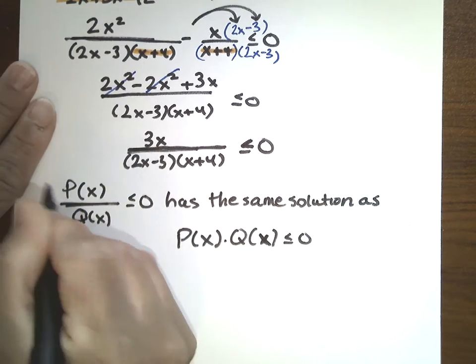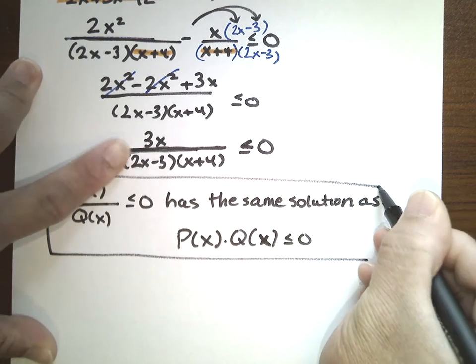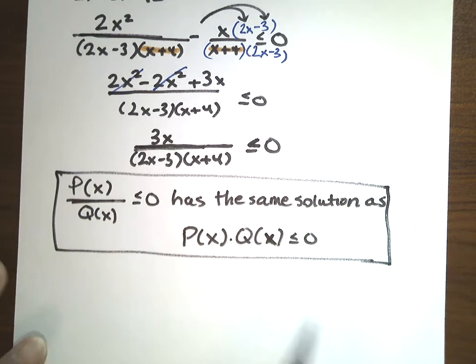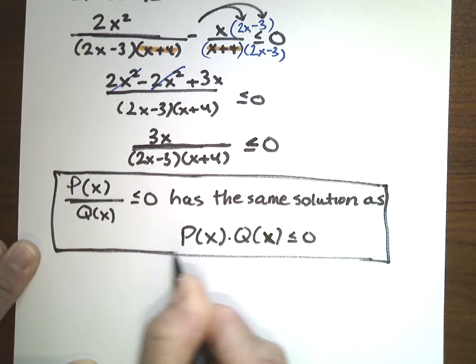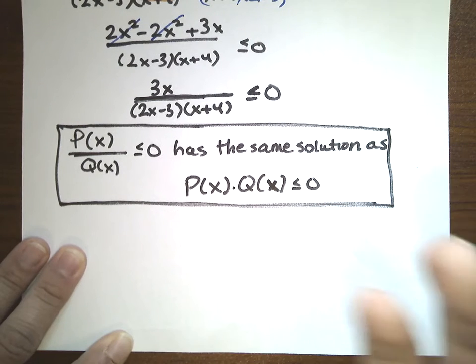Right, so these two have the same solution. So that is a theorem that I am going to use to make this a little bit easier for me to solve here.